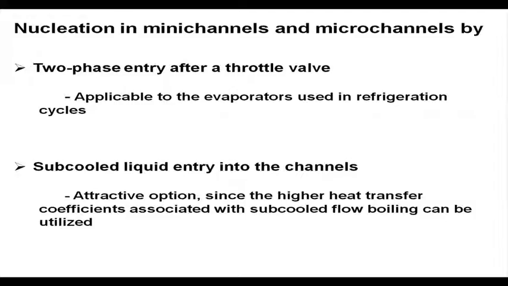This of course has its problems. The first problem is the distribution of the two-phase mixture at the inlet headers. So, this poses a major obstacle in achieving stable operation, but anyhow this is practiced more or less.